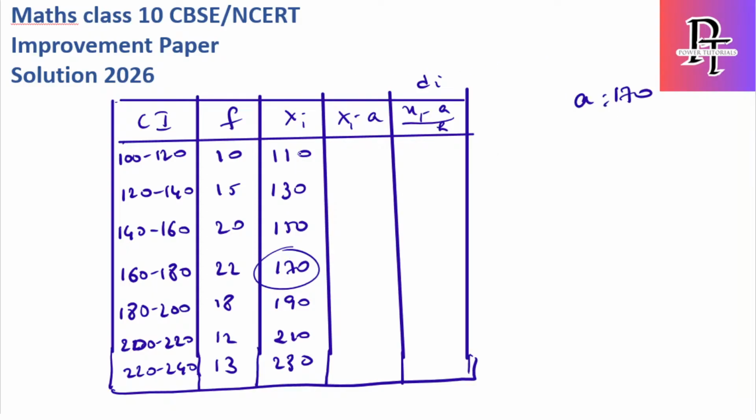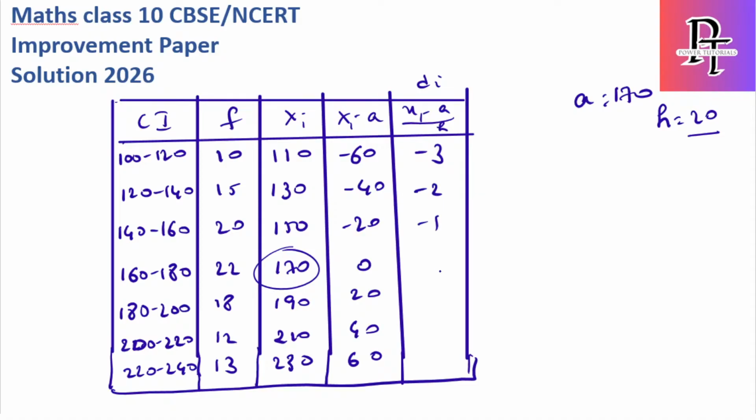So now XI minus A: 110 minus 170 will become minus 60, minus 40, minus 20, 0, 20, 40, 60. Now H is how much? H is 20. So 60 by 20 is minus 3, minus 2, minus 1, 0, 1, 2, 3.